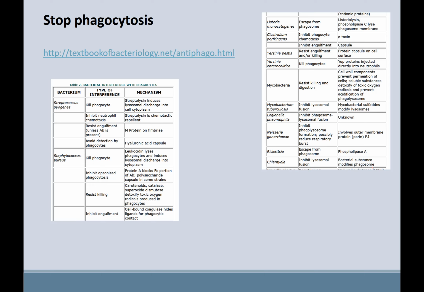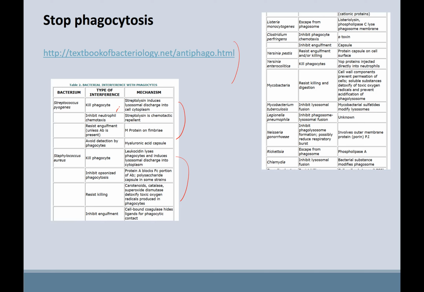And this chart, this is a much longer list if you go to that reference, but I just put up a couple illustrations to show you that some pathogens have multiple ways to resist phagocytosis.